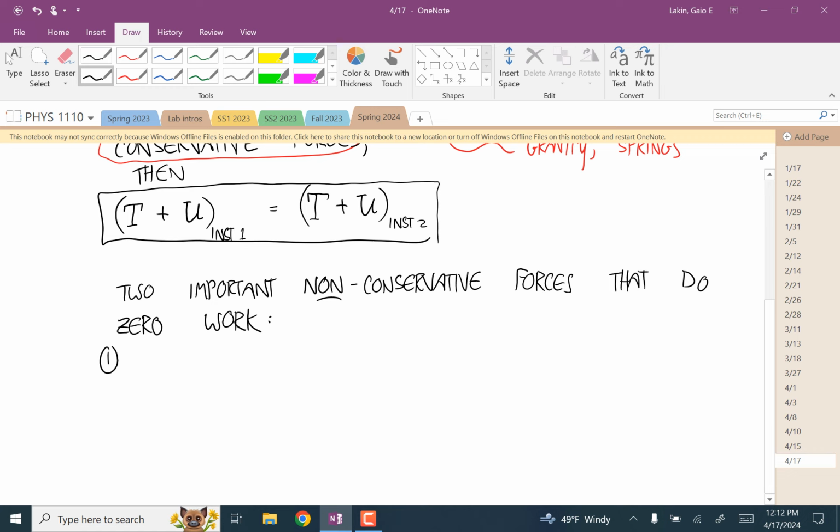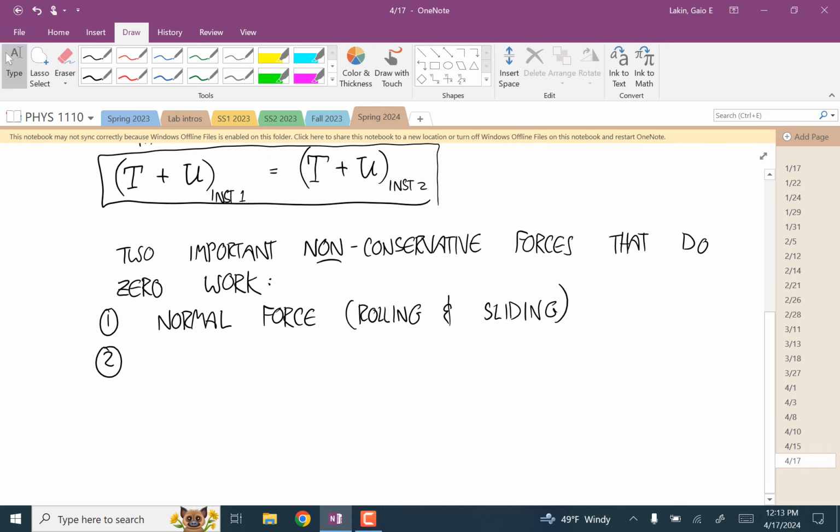The first one is a normal force in rolling and sliding. And the second one is any centripetal force during circular motion.